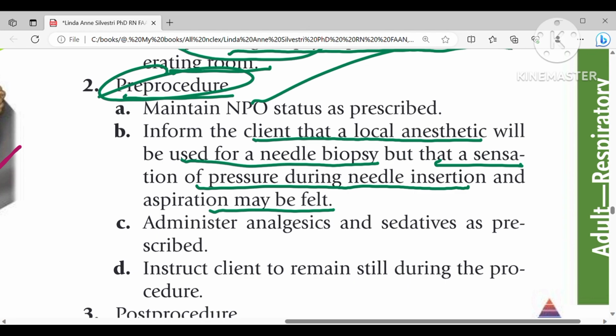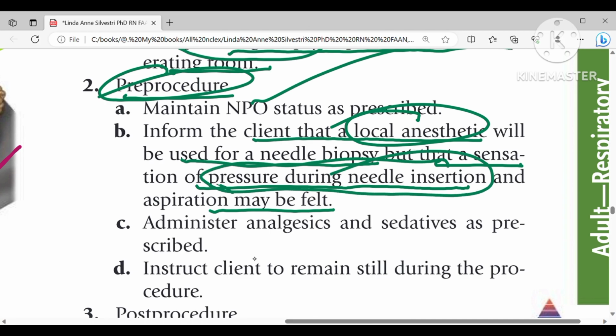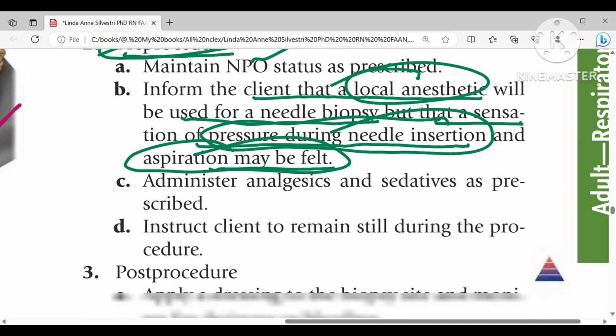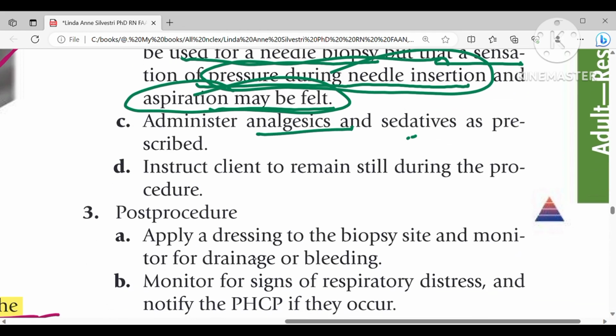Administer analgesics and sedatives as prescribed, and instruct the client to remain still during the procedure.